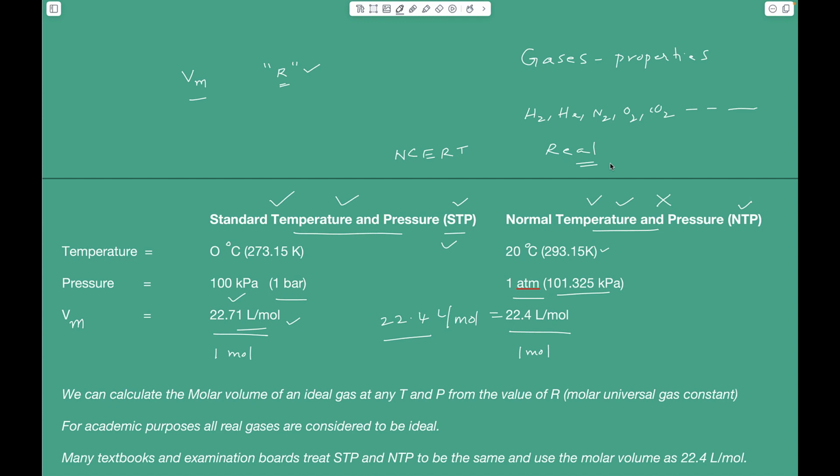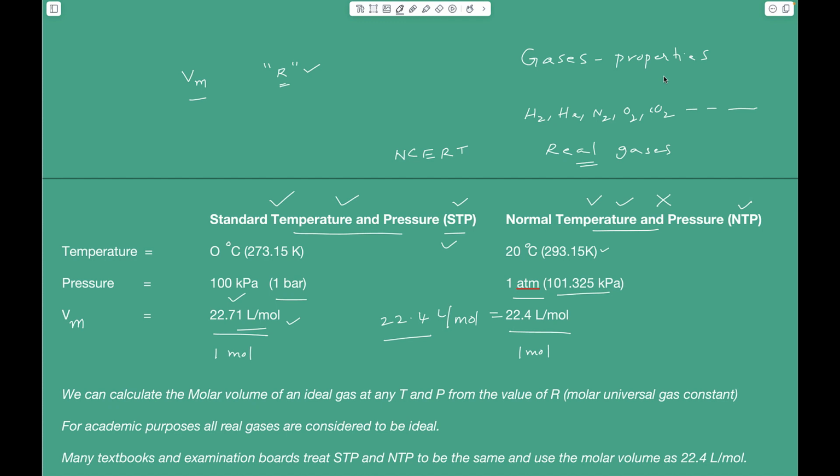They exist. Either they exist in nature or they can be prepared in a laboratory. But all these real gases fall short of our expectations. They do not meet our expectations.